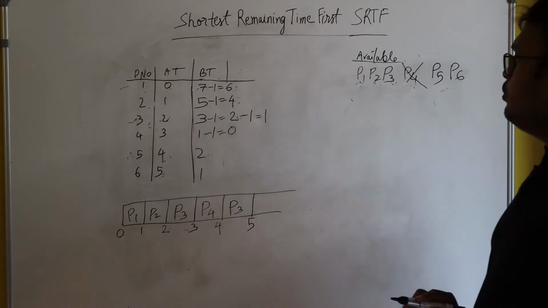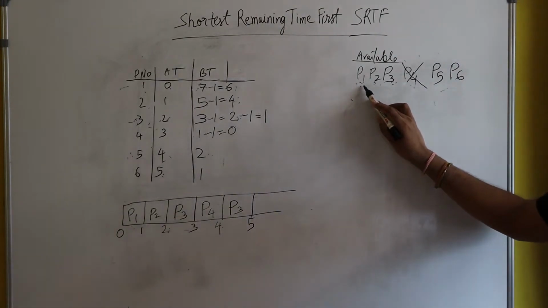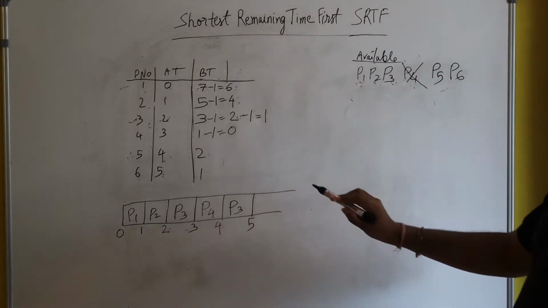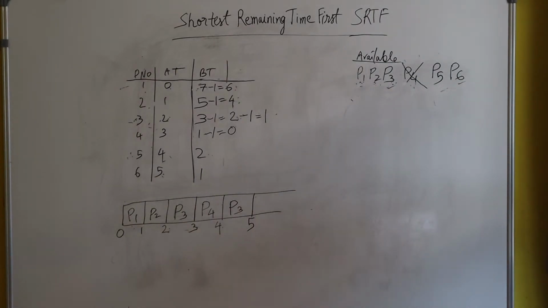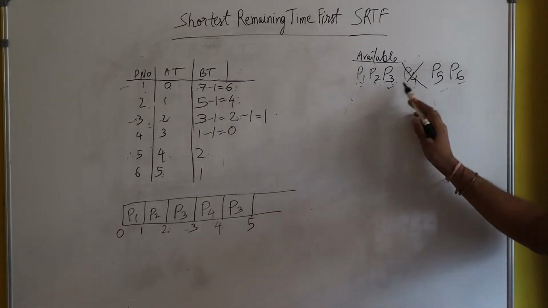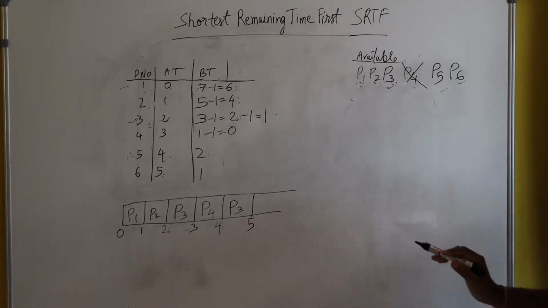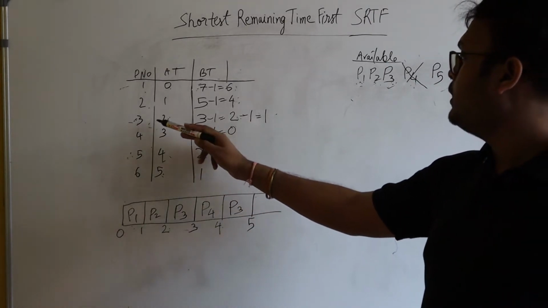Now among all these processes, which process has the lowest burst time? Definitely P3 and P6, because both have 1 second left. But since there is a tie between them, we will see which process arrived earlier among P3 and P6.